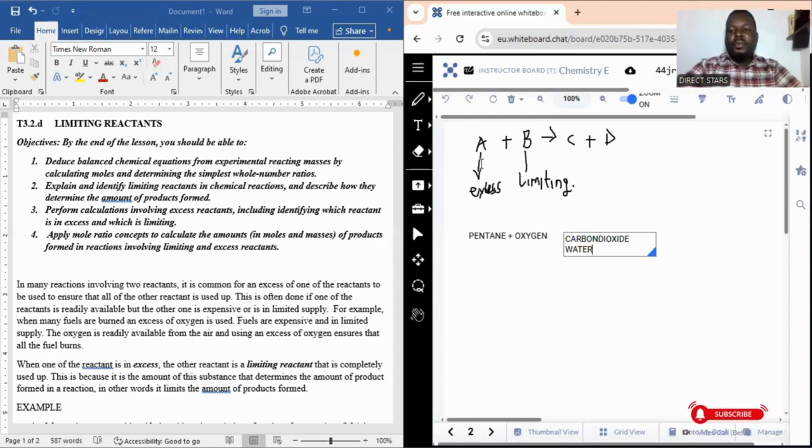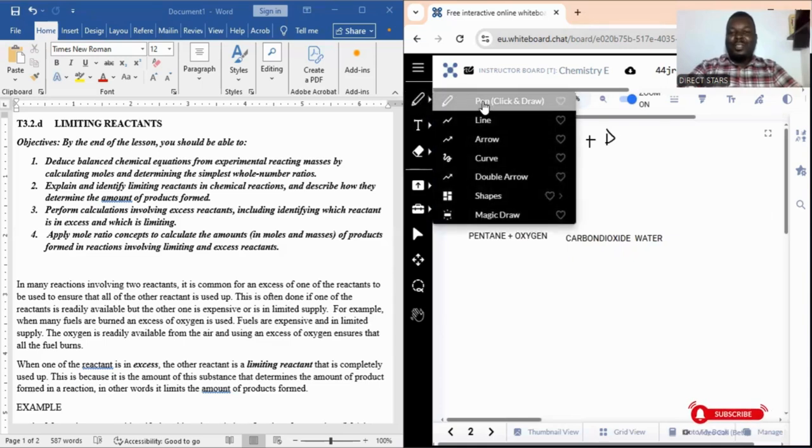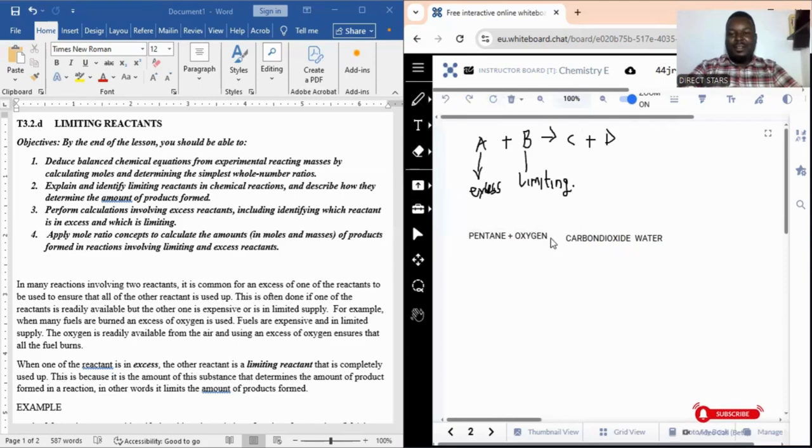So how do we determine which of these reagents will be in excess or the limiting reagent in this case? This is no brainer, very easy, because we know out of these two, one is readily available. One will require you spending your money and is not as available as the other. Oxygen is readily available in the atmosphere. So oxygen in this case must be in excess.